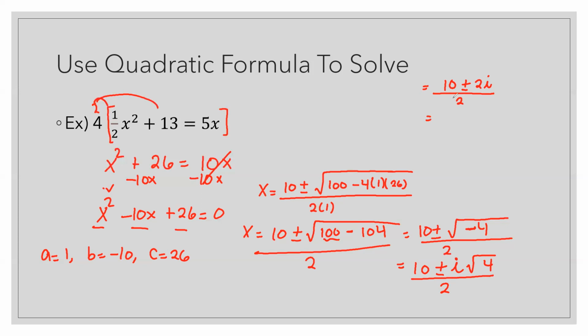So if you divide each term by 2, 10 divided by 2 is 5, plus or minus 2 divided by 2 is 1i. So your two x values are, one of them is 5 plus i, and the other one is 5 minus i.